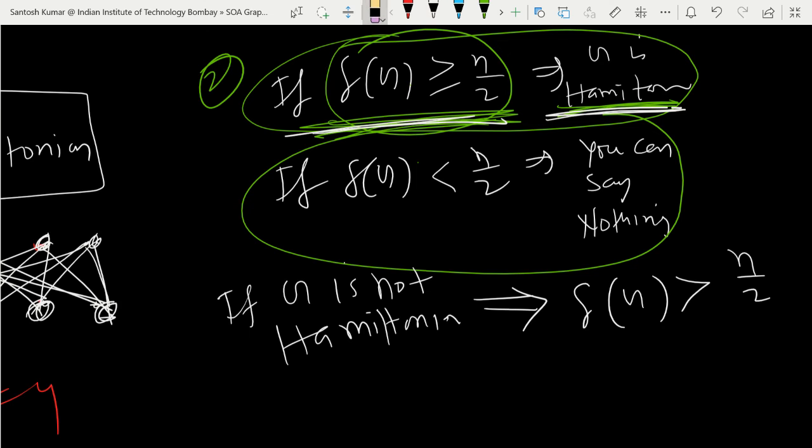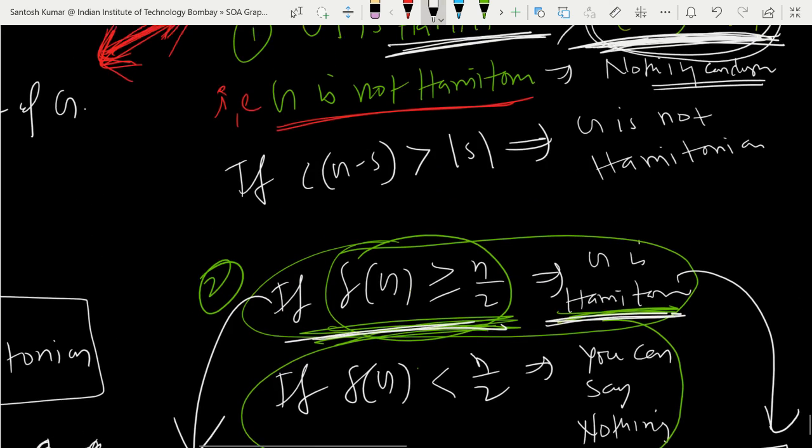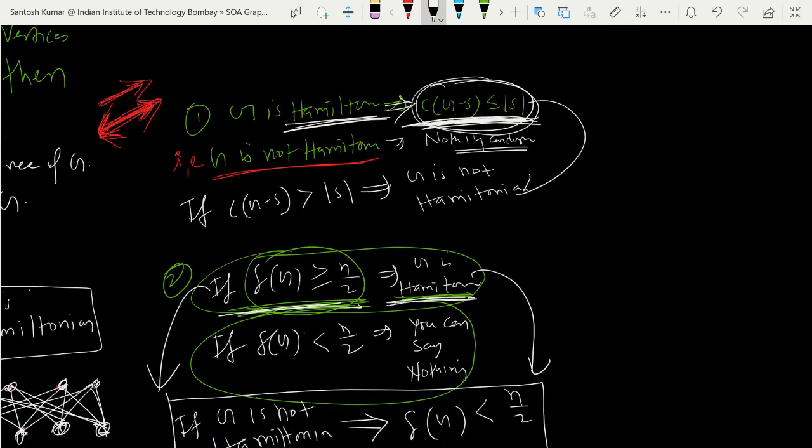Sorry, you change the inequality: it will be less than. This statement and this statement are equivalent, just like the other pair.